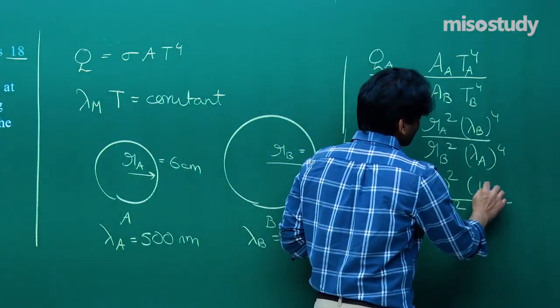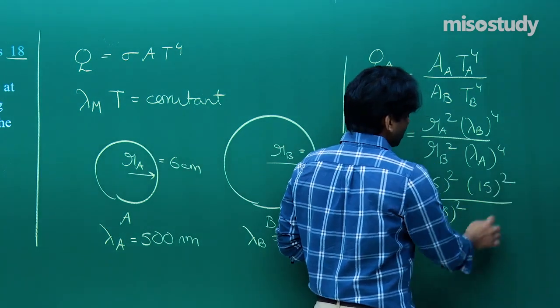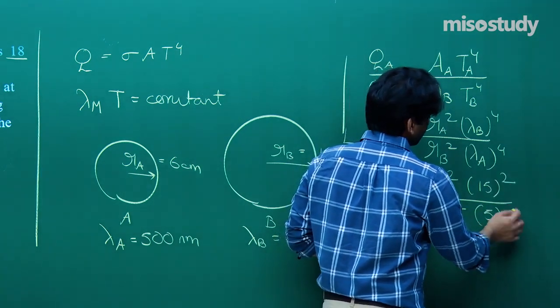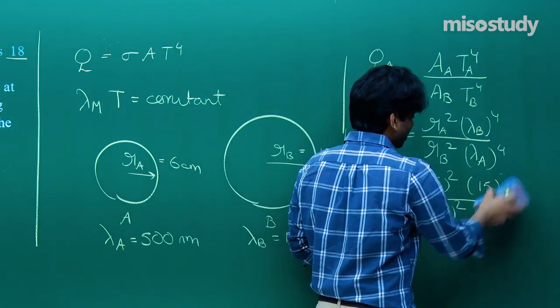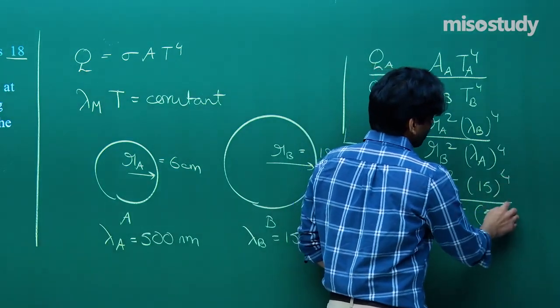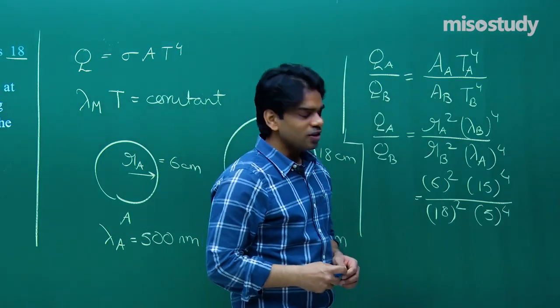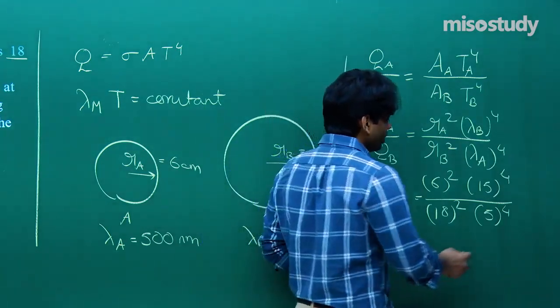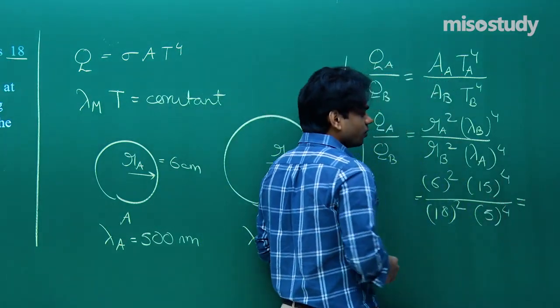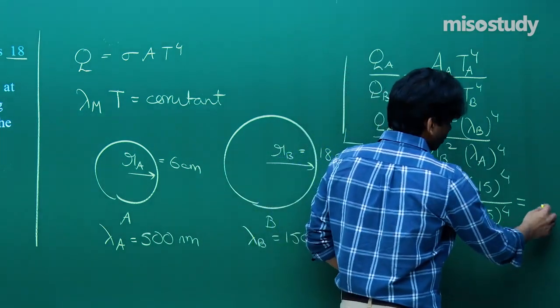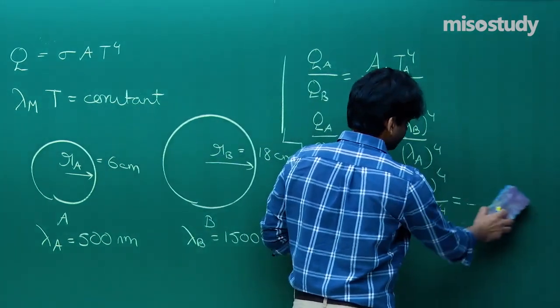So we use 15 and 5, and this is power 4, not square, power 4. Now clearly we can simply solve this. 15 by 5 will give you 3, so this will become 3 to the power 4.